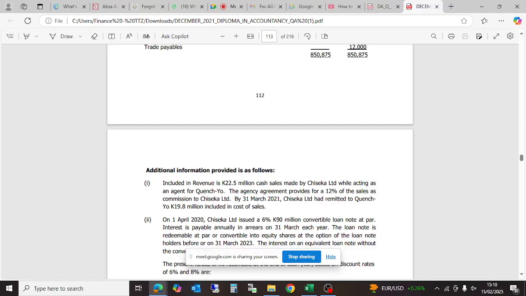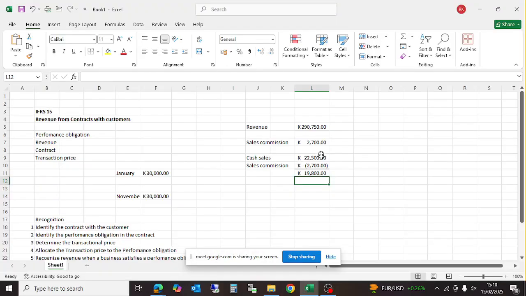Okay, so now what we want to find is our revenue. They remitted 19.8, so they basically got their commission already. The net cash sales will be 19,800.